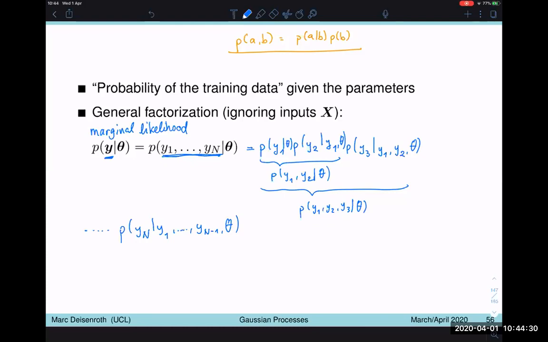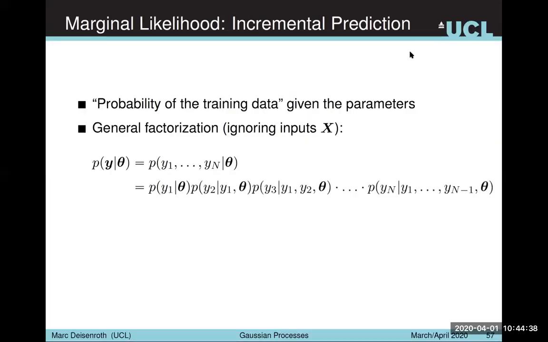Okay, so that's kind of like what I wrote down here as well.